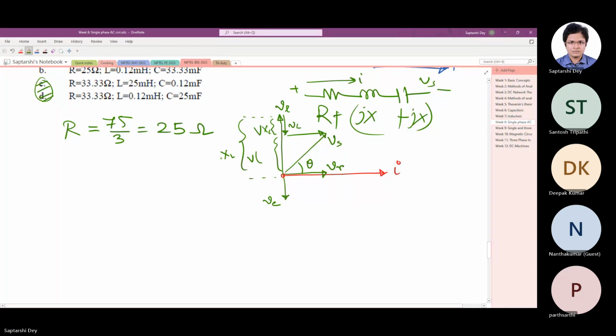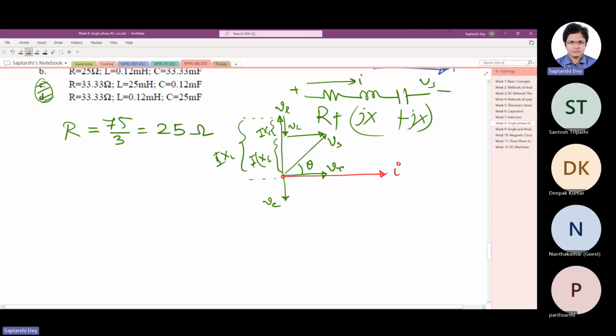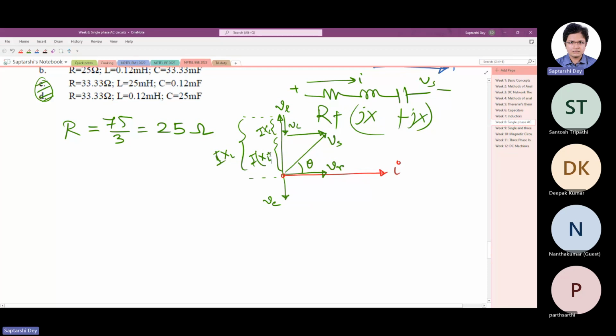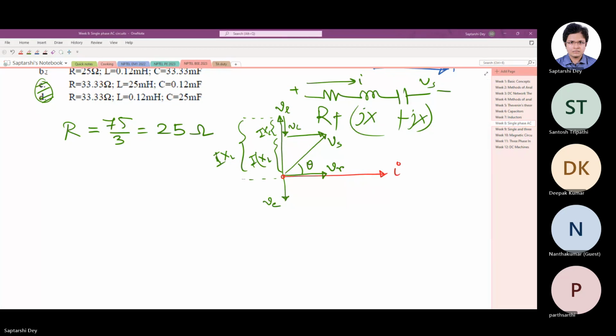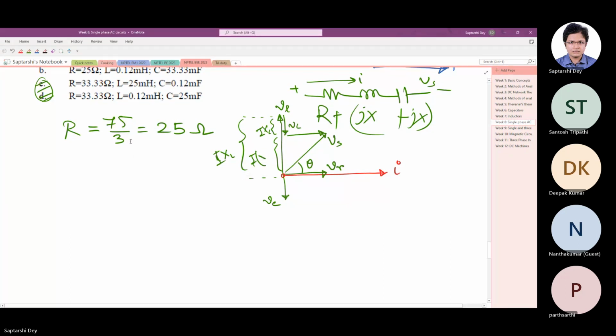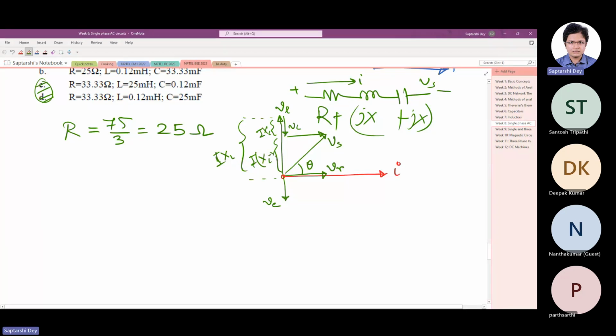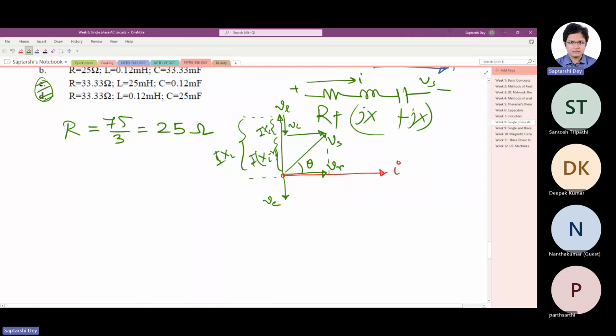Sorry, not V, these are voltages, I, I'm messing up a lot today. So the dimension that we have here is I times XL minus XC.